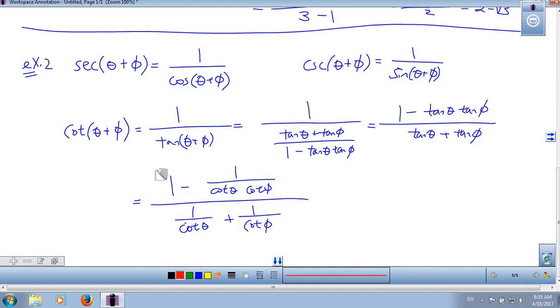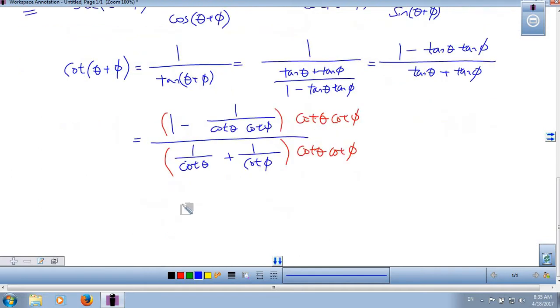So now I recognize that our denominators have cotangent theta and cotangent phi, so we need to multiply the numerator and denominator by the common denominator, cotangent theta times cotangent phi, and let's see what happens. So cotangent theta times cotangent phi times 1 is cotangent theta times cotangent phi.